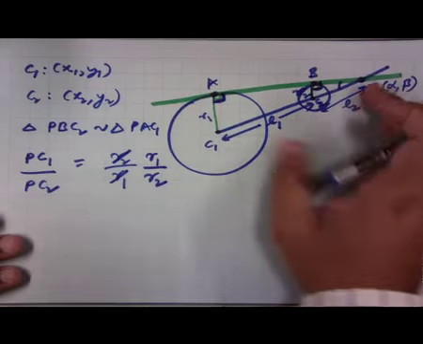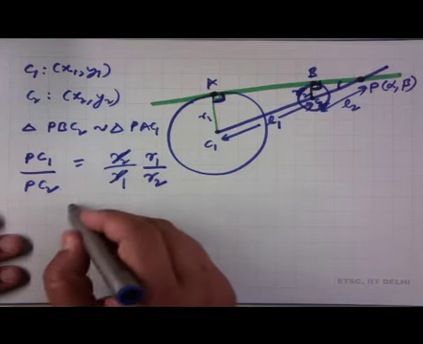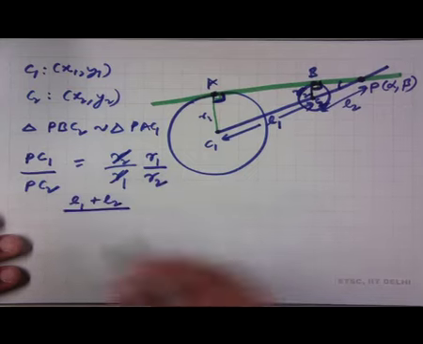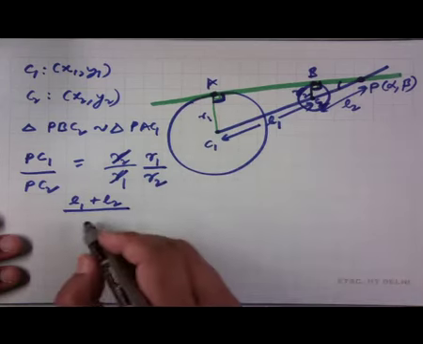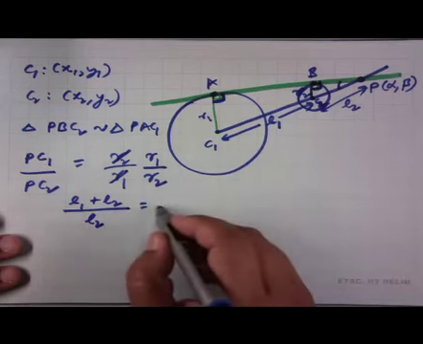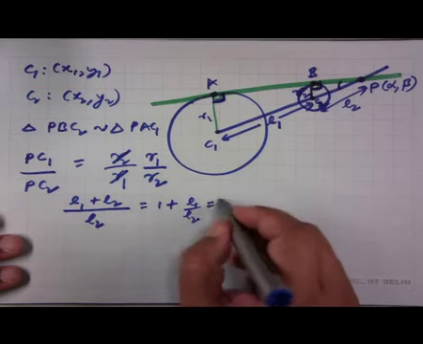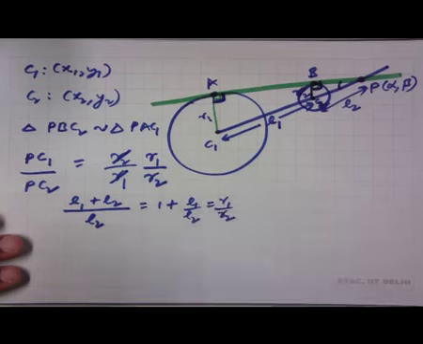Now, PC1 over PC2 is L1 plus L2 divided by L2, which is 1 plus L1 by L2, and that is R1 by R2.